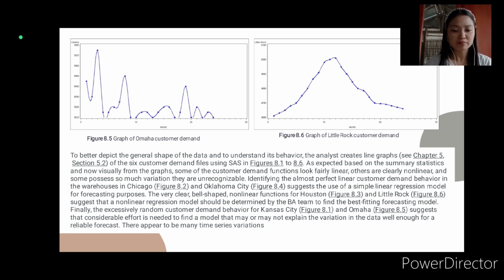And then, na function para sa Austin, ito po yung 8.3 na table na graph. At Little Rock naman ay ang isang paghihiwatig na ang isang non-linear regression ng modelo ay angkop. Dito yung figure 8.6, which is as an extension.